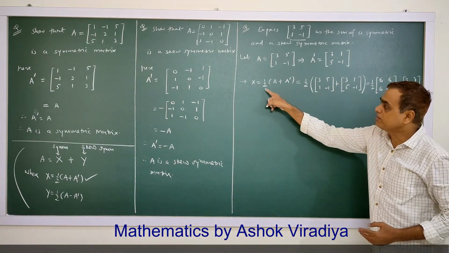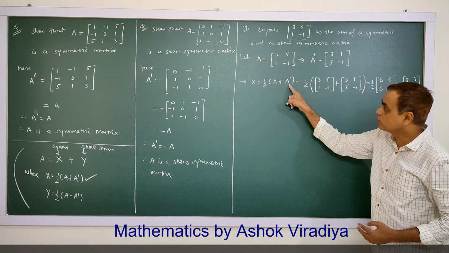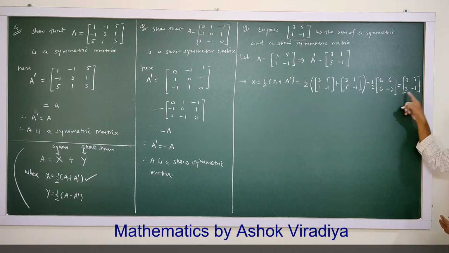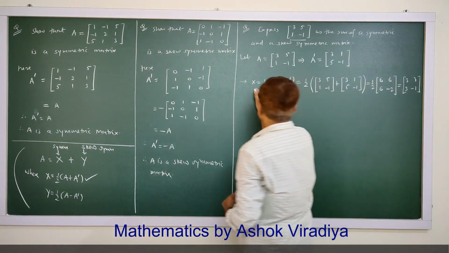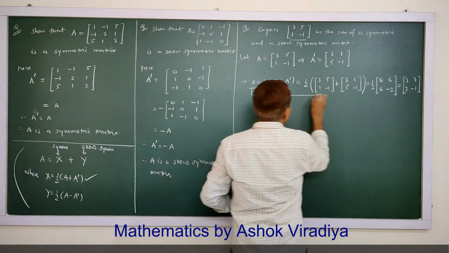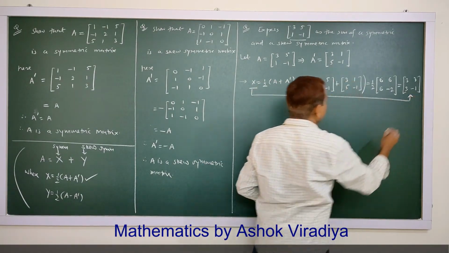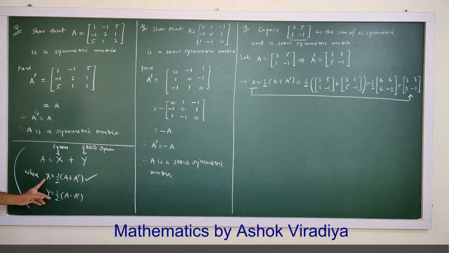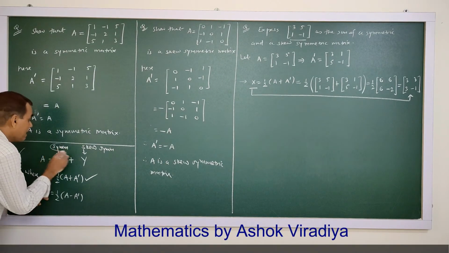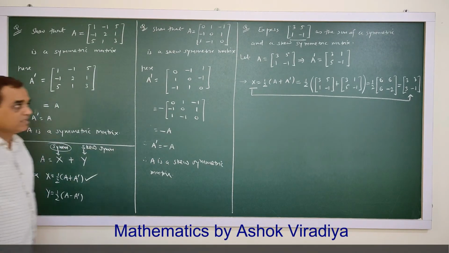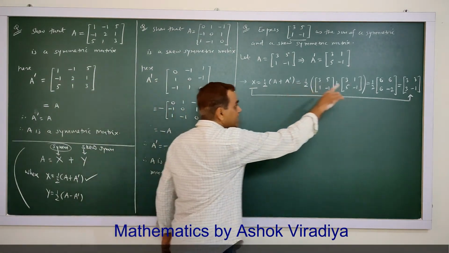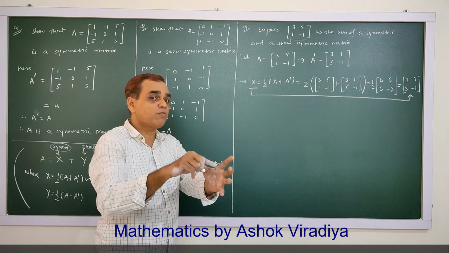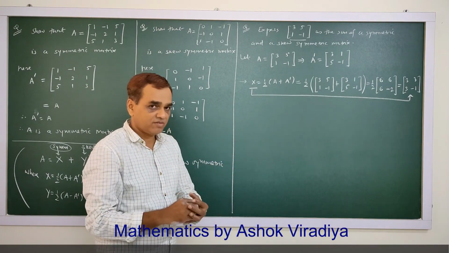X equals 1 by 2 times A plus A transpose; putting the values of A and A transpose and computing gives X. Here X is obtained. Now we show that X is a symmetric matrix. To show that, we have to show that its transpose is equal to itself.